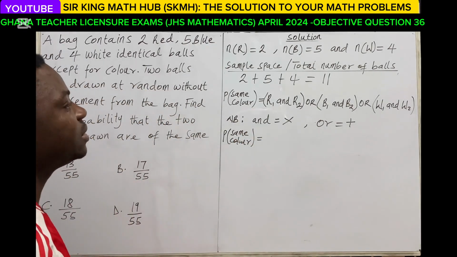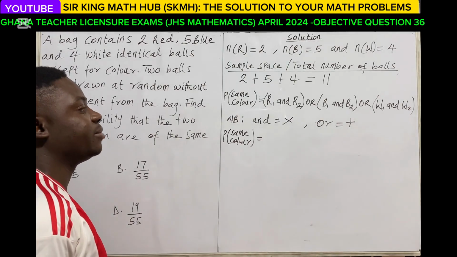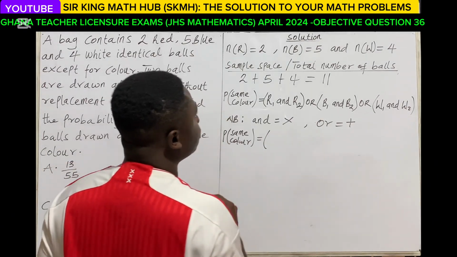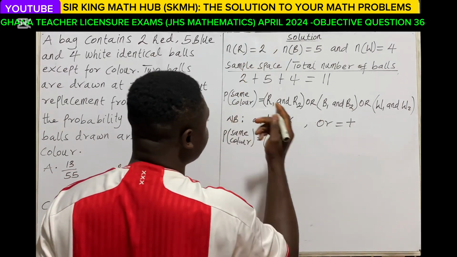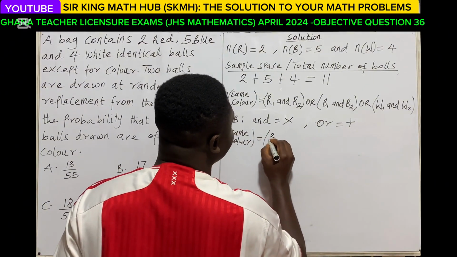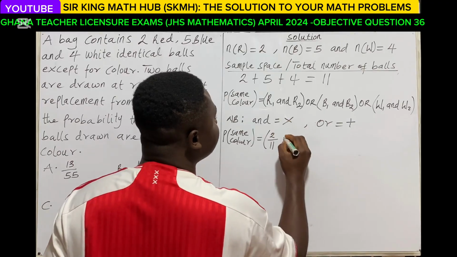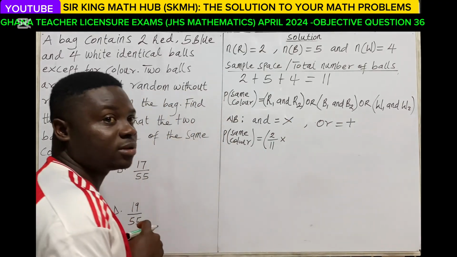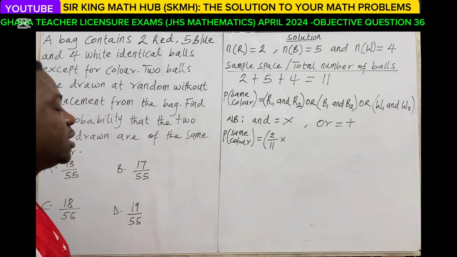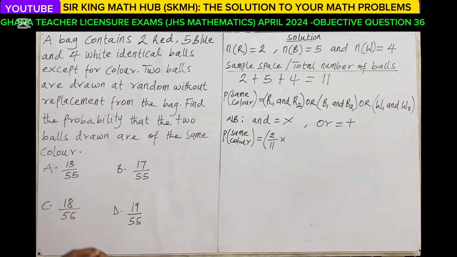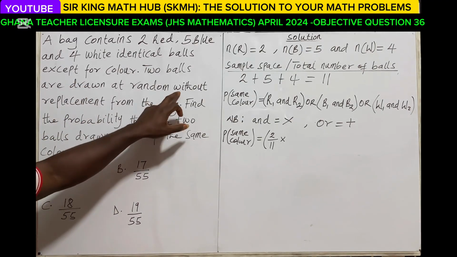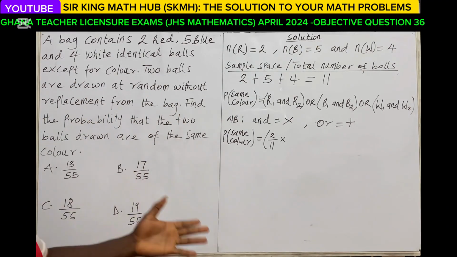What is the probability of selecting a red ball from the bag? First we have 2 red balls divided by the sample space, which is 11. Remember, "and" means multiplication. Now, there was a rule given in the question: the selection was done without replacement.